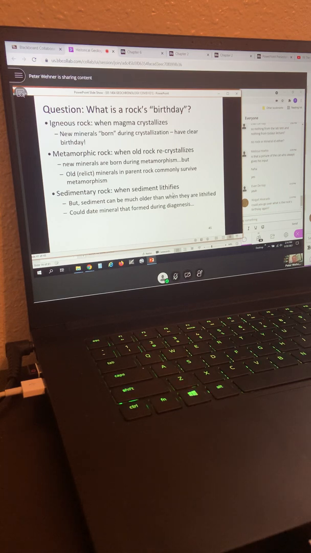And so that's the problem with trying to radiometrically date sedimentary rocks, because radiometric dating is determining how long ago a crystal formed.